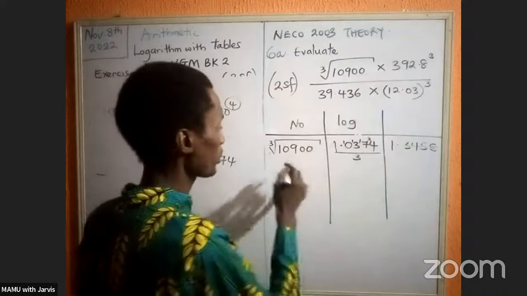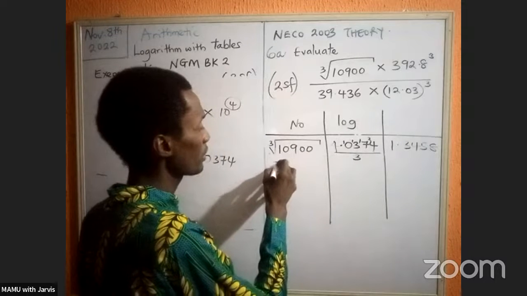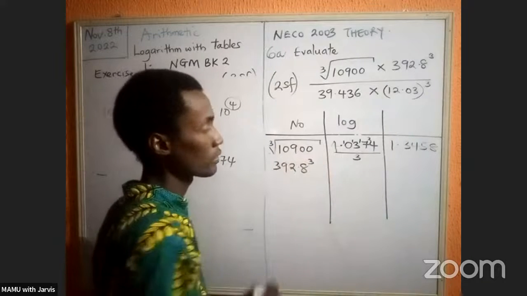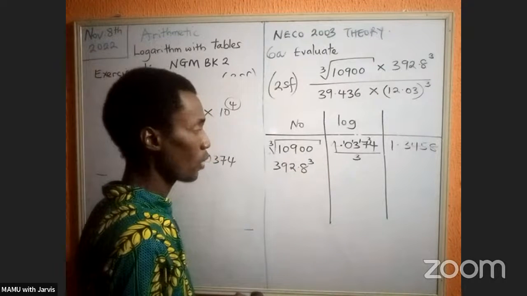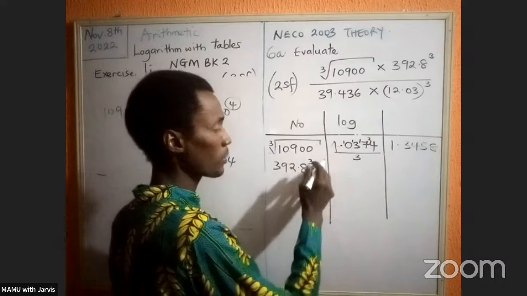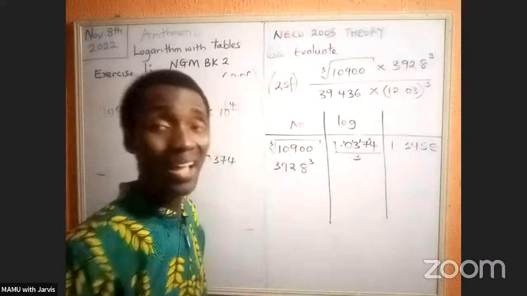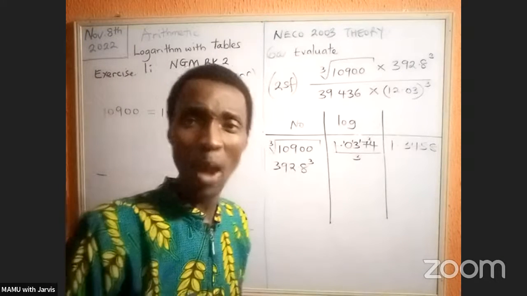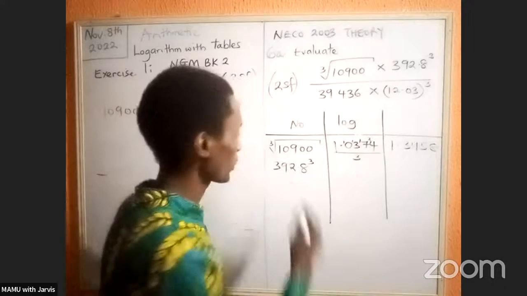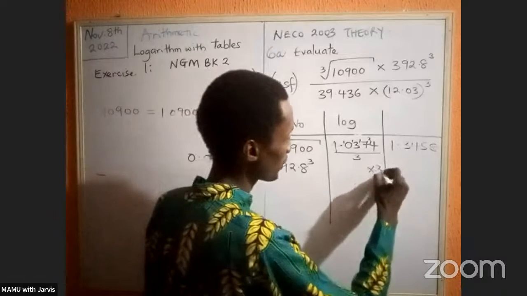Now let's look at this one. This will be 392.8 cubed. So what would that be? This 3 means get the log and multiply by the power. If a number is raised to a power, multiply by that power. So whatever I get here, times 3.